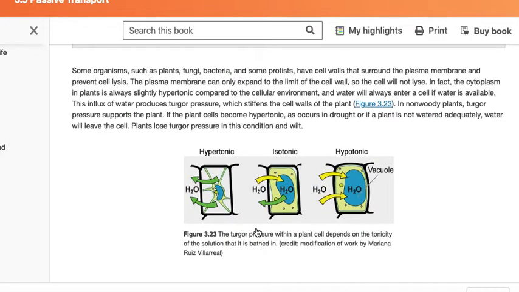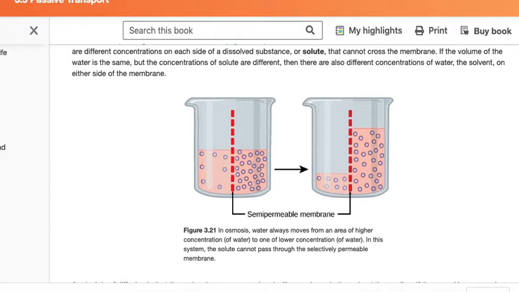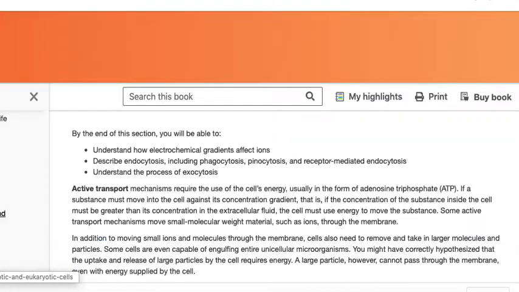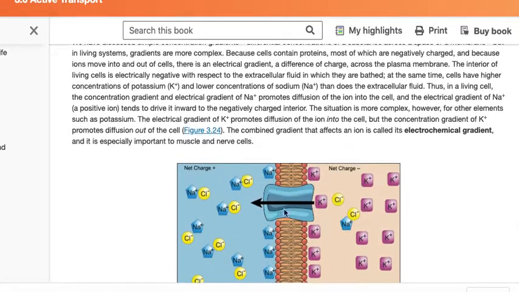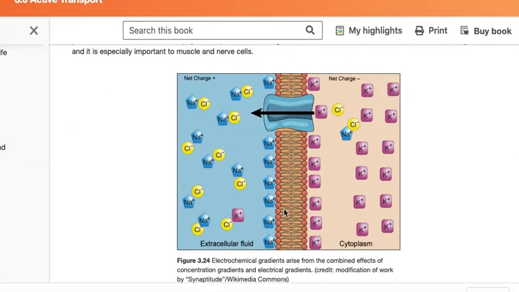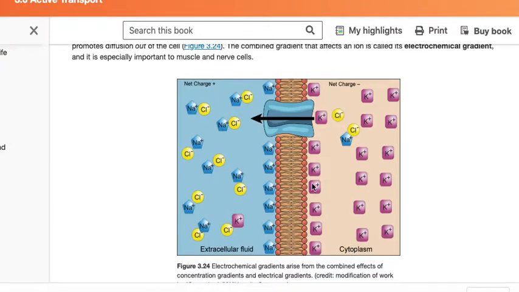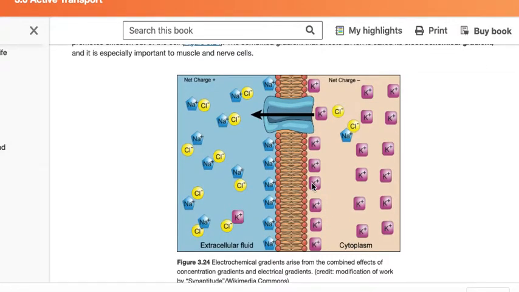So that's that. And then the last one that we're going to talk about is active transport. Active transport is more complicated. It's called active because it needs energy to make it happen. But it's really important for the nervous system, to carry messages from your nerves to your muscles, and to carry messages across your body to make everything happen.